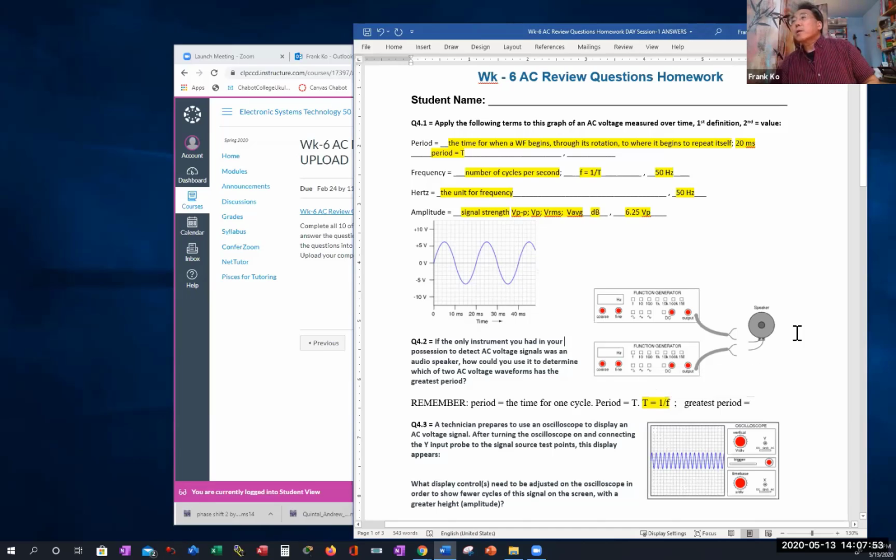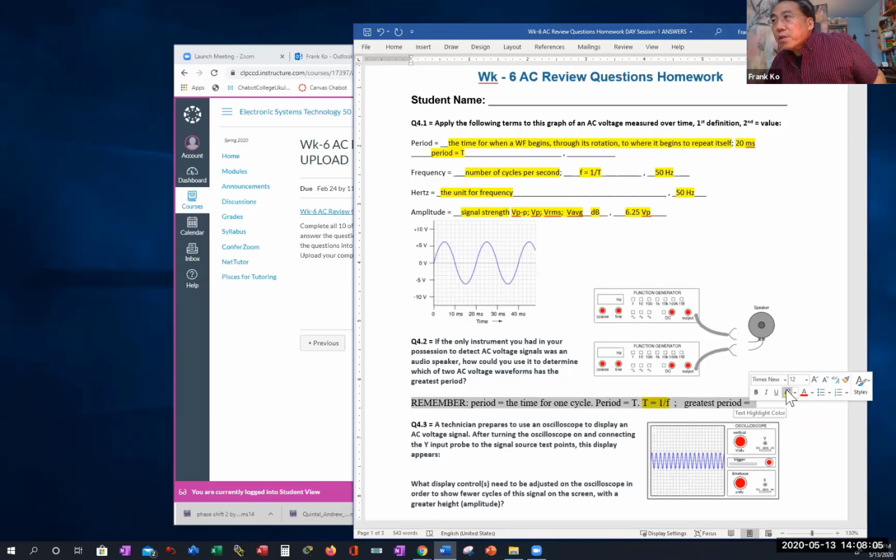Look at what's highlighted. I'm asking everybody this question. I give you that formula. So given this formula, T is equal to the inverse of frequency. And that's the key, the inverse of frequency.